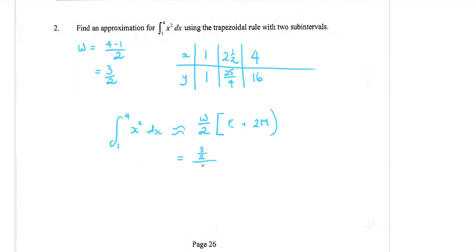That has to be divided by 2, open bracket. E stands for the end values, which is the 1 and the 16. So I need 1 plus 16. And then I need 2 lots of the middle. If I've used these already, there is only one thing in the middle, which is the 25 over 4. So 2 lots of 25 over 4, close square brackets.